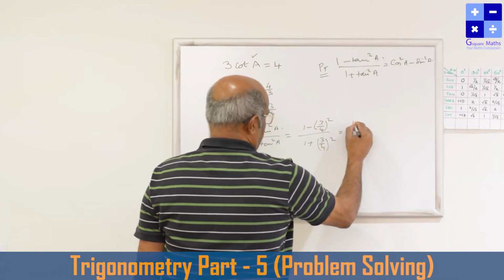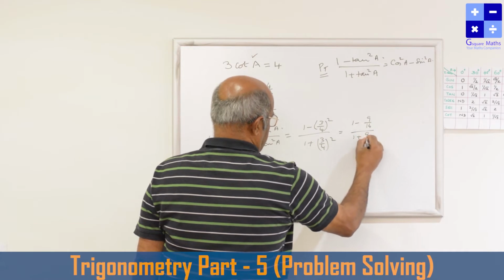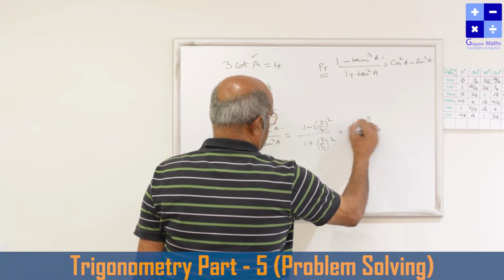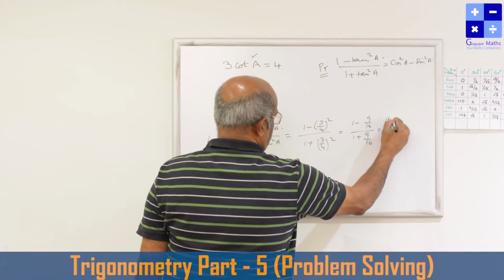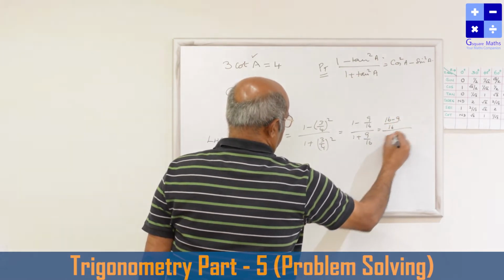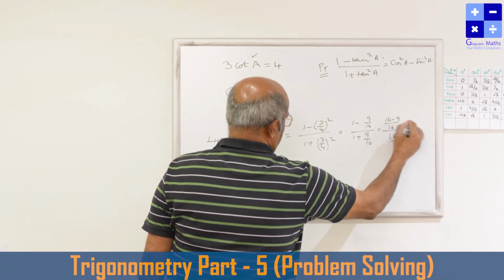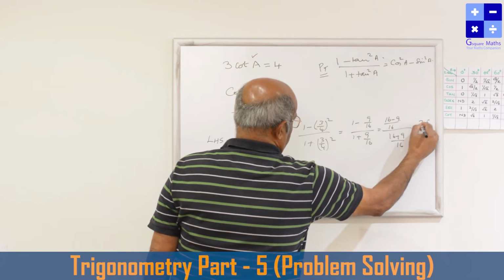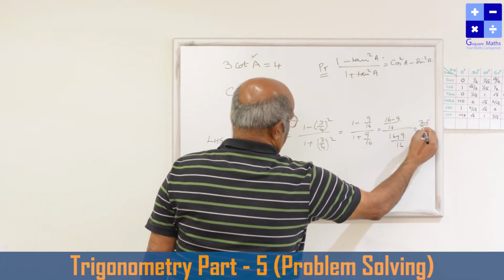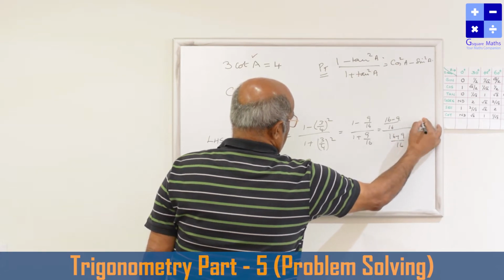That is equal to 1 minus 9 by 16 by 1 plus 9 by 16. Take LCM 16. 16 minus 9 by 16 whole divided by 16 plus 9 by 16. That is equal to 7 by 25.